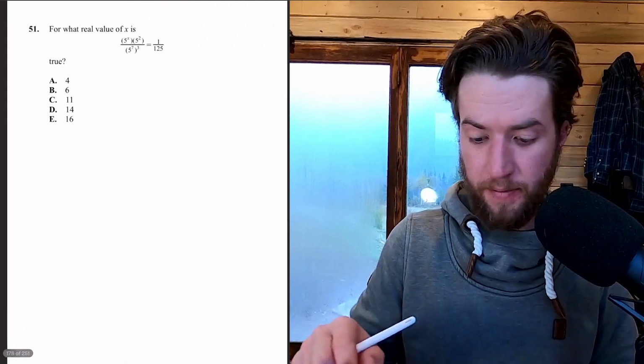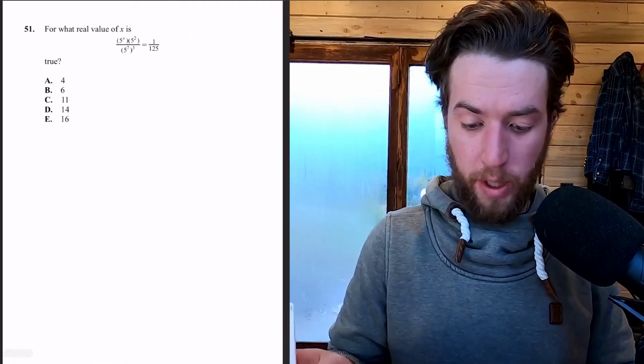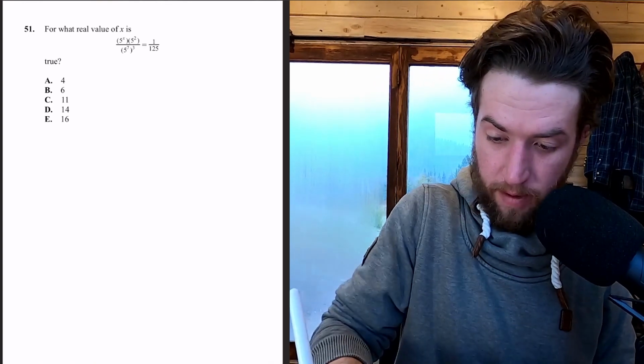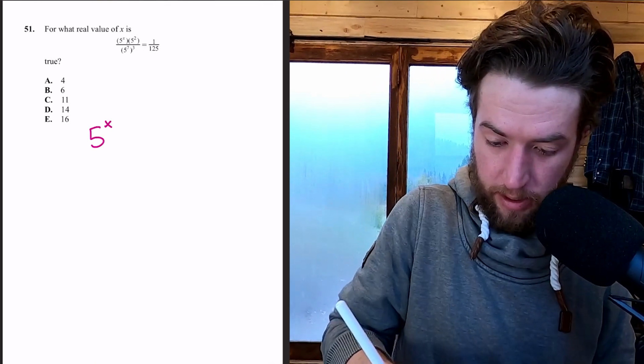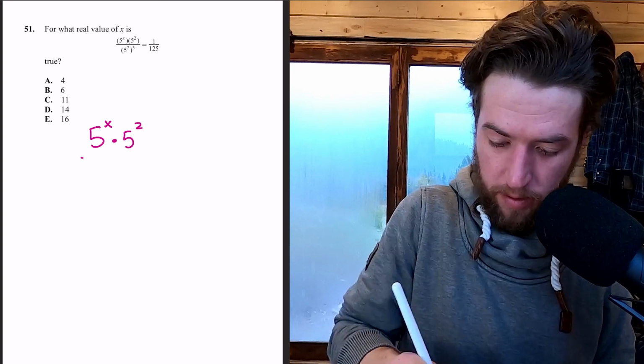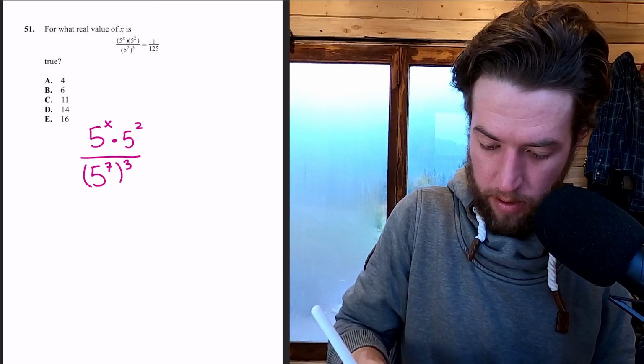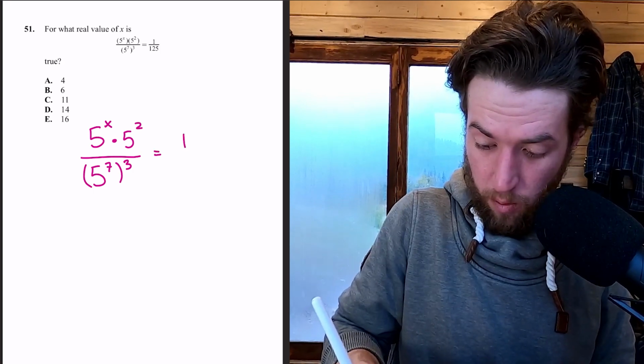On to the next. For what real value of x is this true? Okay, so 5 to the x times 5 squared, using some properties of exponents, over 5 to the 7th, all to the 3rd, equals 1 over 125.